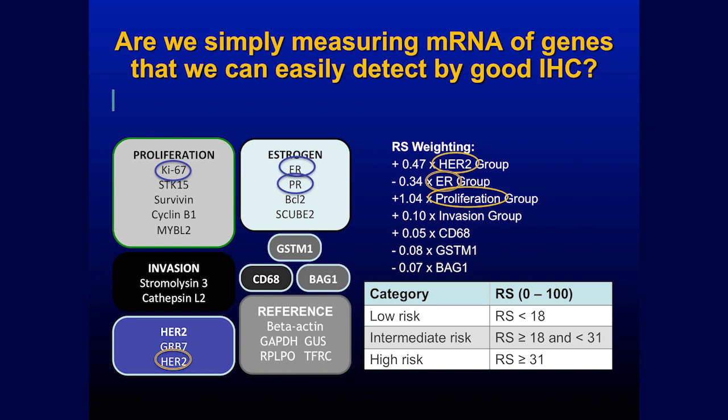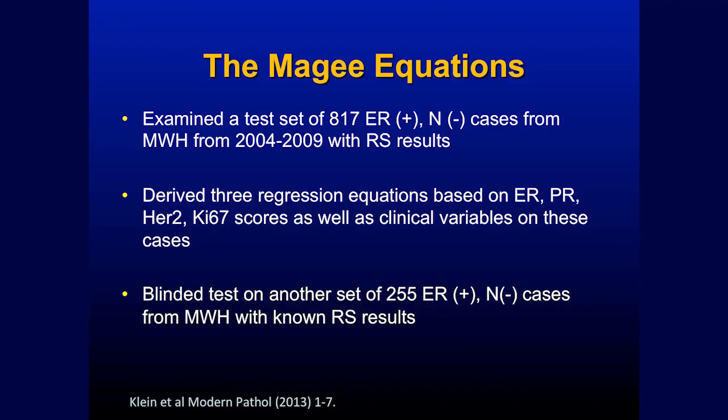This question was explored by my previous institution, McGee Hospital and University of Pittsburgh, and they came up with the McGee equation. They abstracted information from our UPMC records and used the ER, PR, HER2, and the Ki67, and they were able to very easily predict the Oncotype DX scores without too much trouble.